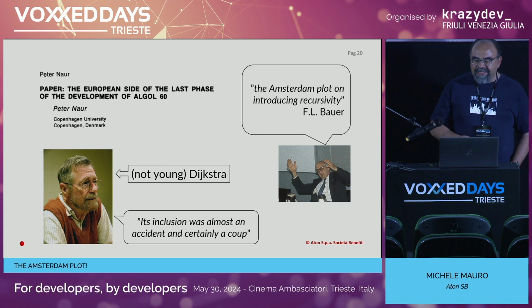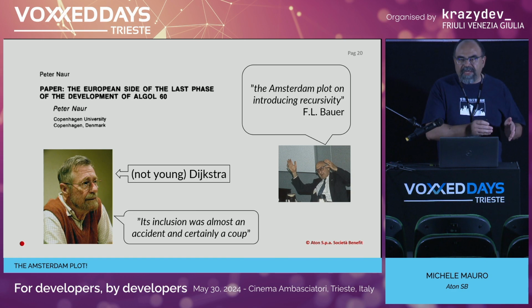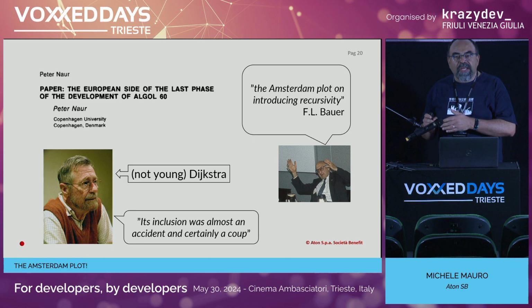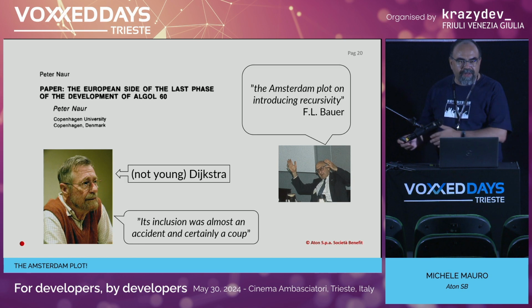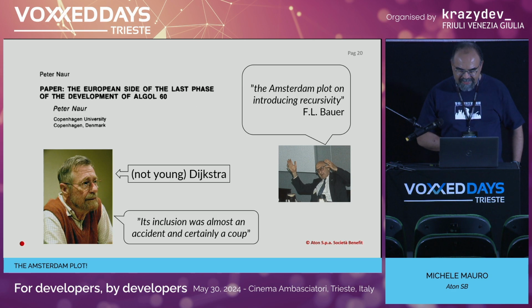Almost 20 years later, Peter Naur writes a paper about the story of the development of ALGOL 60. And so he had to write 27 pages of paper, and then he had to add 13 pages of comments and remarks by the other committee members. When your comments are half as long as your text, you know that some discussion is going on.